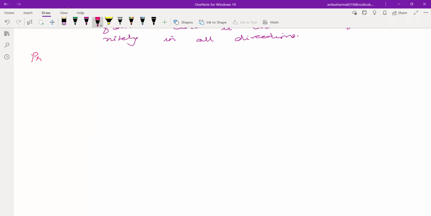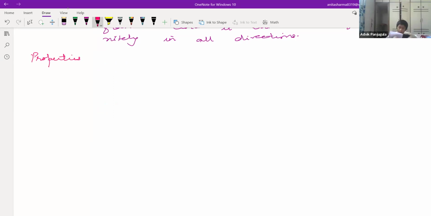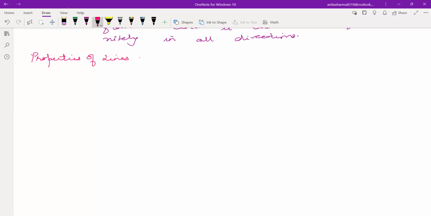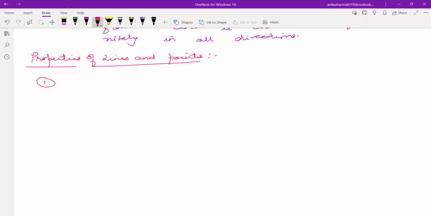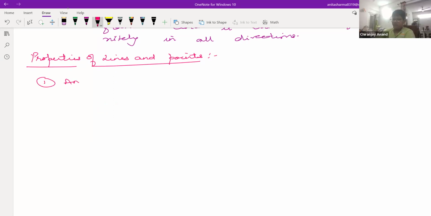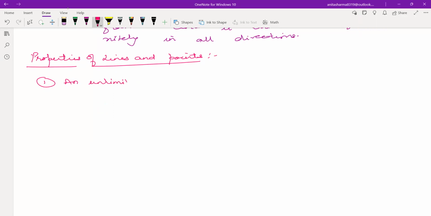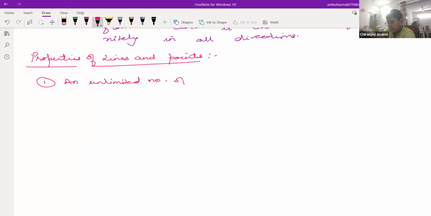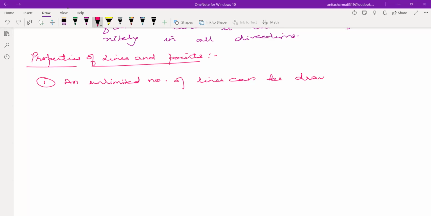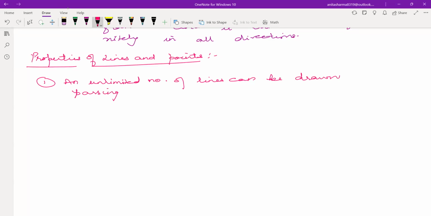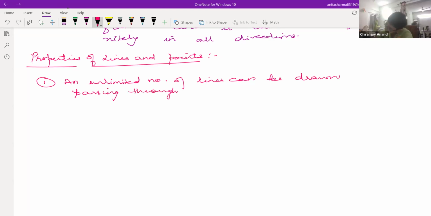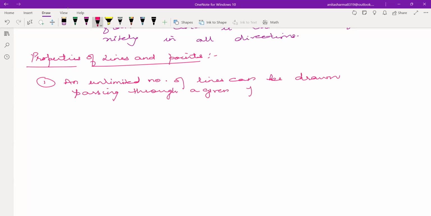So the first point is that an unlimited number of lines can be drawn passing through a given point.